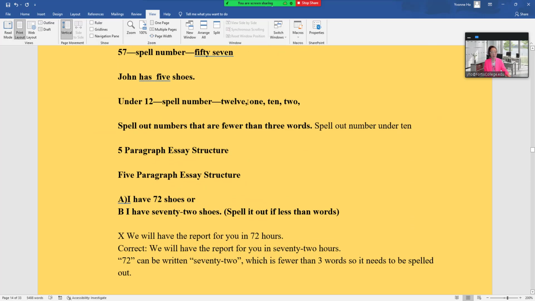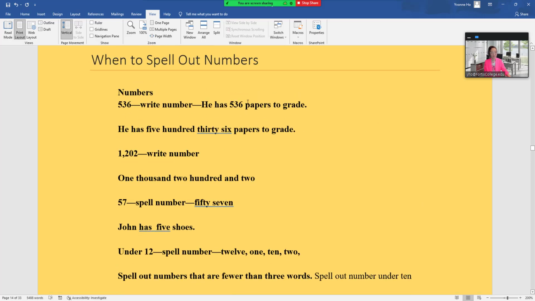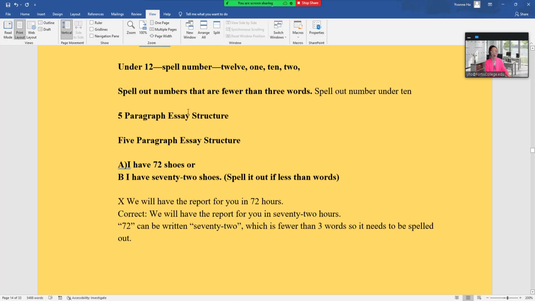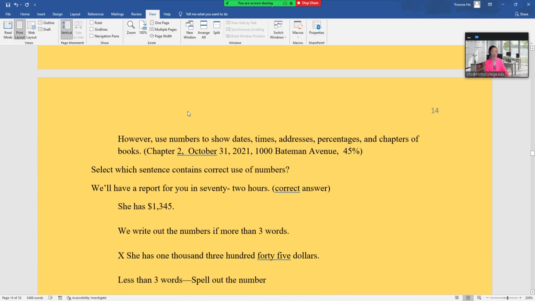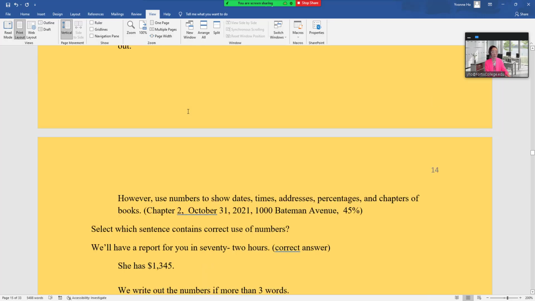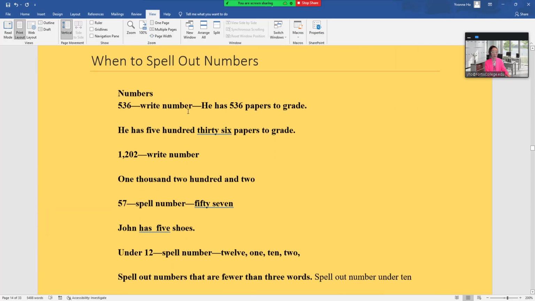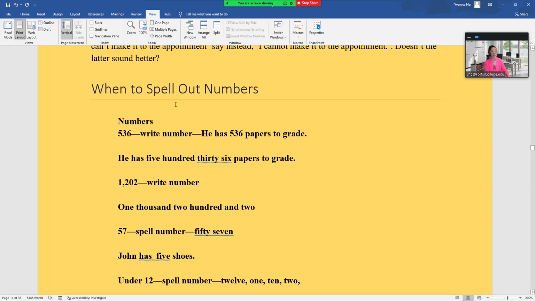When to spell out numbers. So when we have numbers like he has 536, in other words, if the word of the numbers... All right, so we spell out numbers if we have more than 2 words.